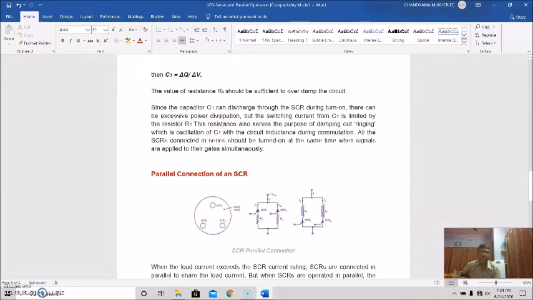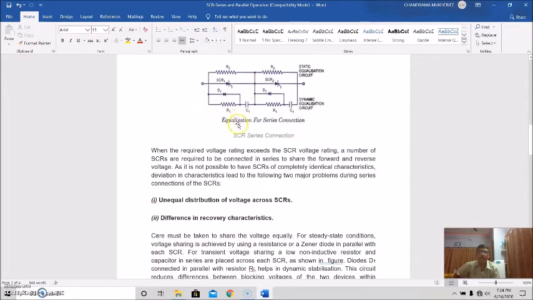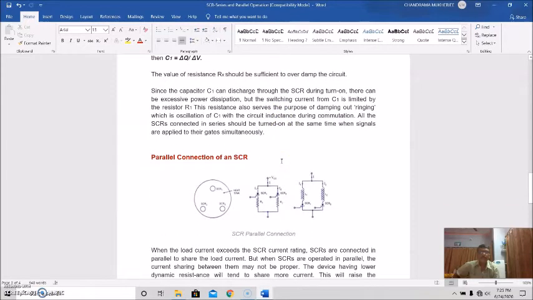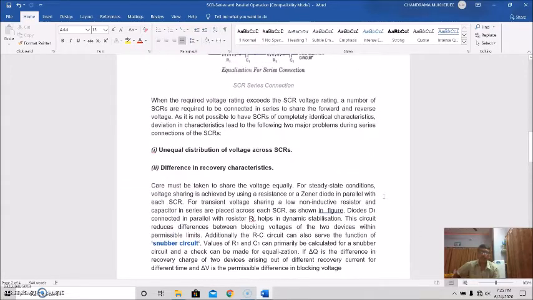C1 can discharge through the SCR during turn on, and there can be excessive power dissipation, but the switching current from C1 is limited by this resistor R1. So all the SCRs connected in series must be turned on at the same time when signals are applied to their gates simultaneously. So that's all about the series connection of SCRs.